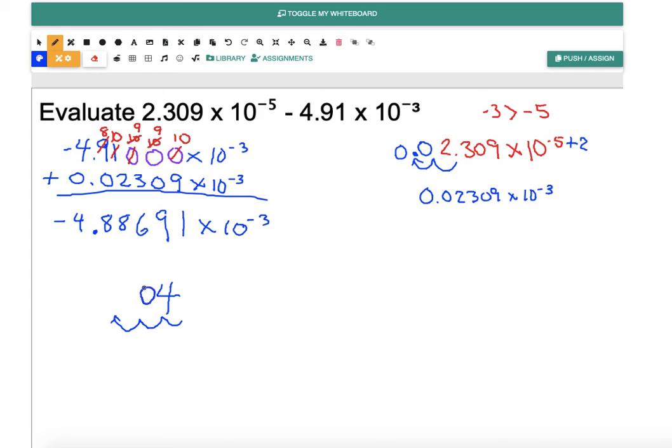So there has to be a 0 here in this jump, a 0 here in this jump, and a 0 out here to be the two zeros that sandwich the decimal, so to speak. And then I can write the other number. So 8, 8, 6, 9, 1 is the answer in standard notation. All right.